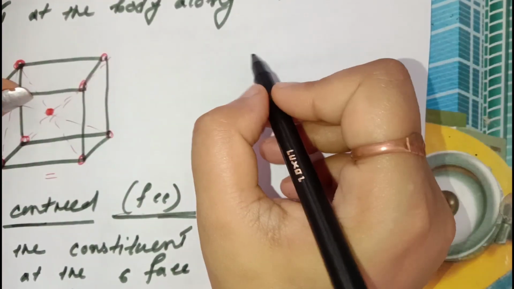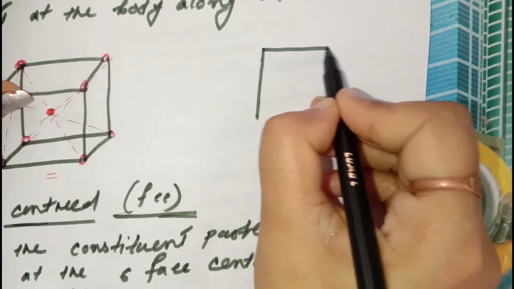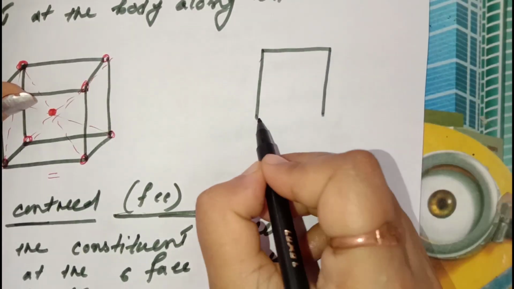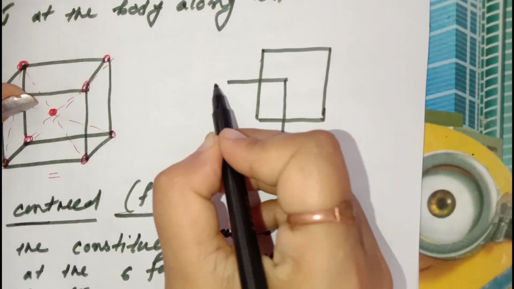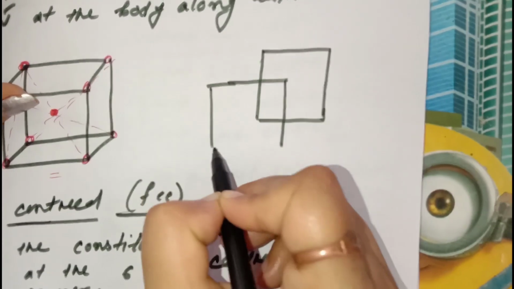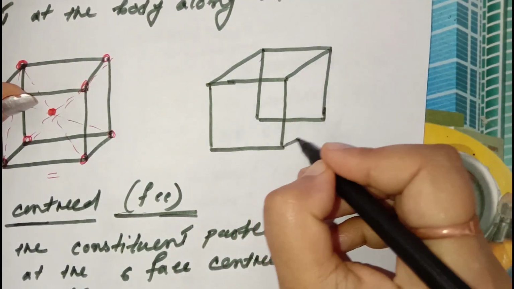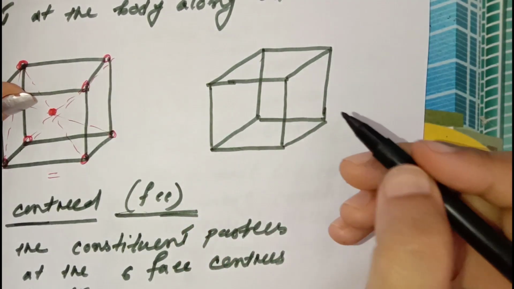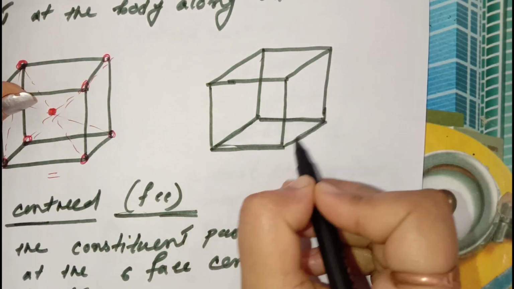See, this is a face centered unit cell. I am drawing here. So this is one face.